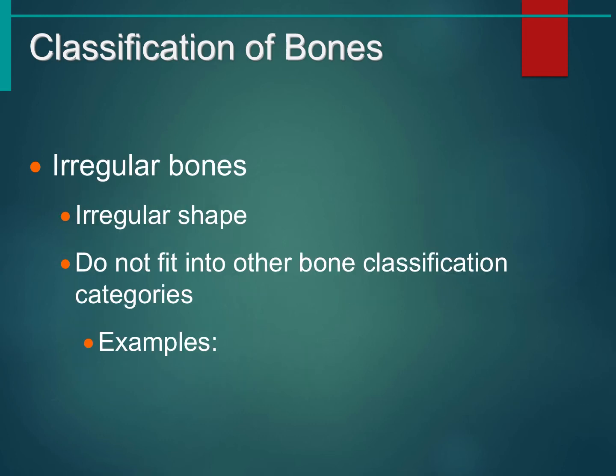Okay, and then the last are irregular bones, which have an irregular shape. Don't you like this naming classification? And they basically just don't fit in other categories. So the vertebrae are irregular, as are the hip bones.